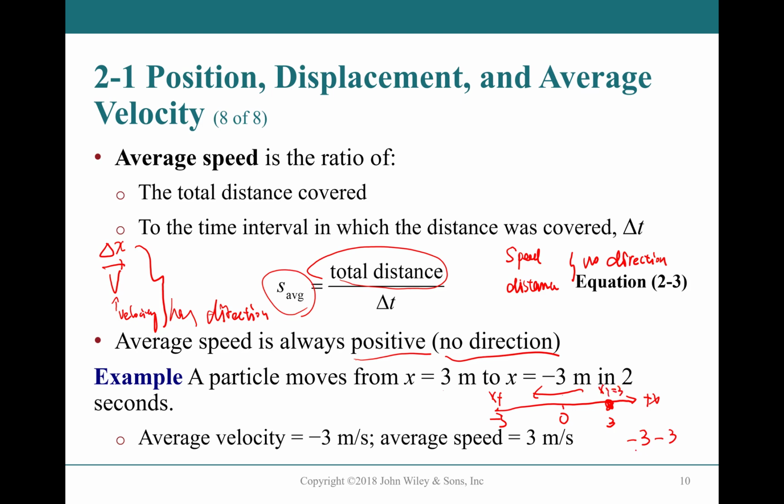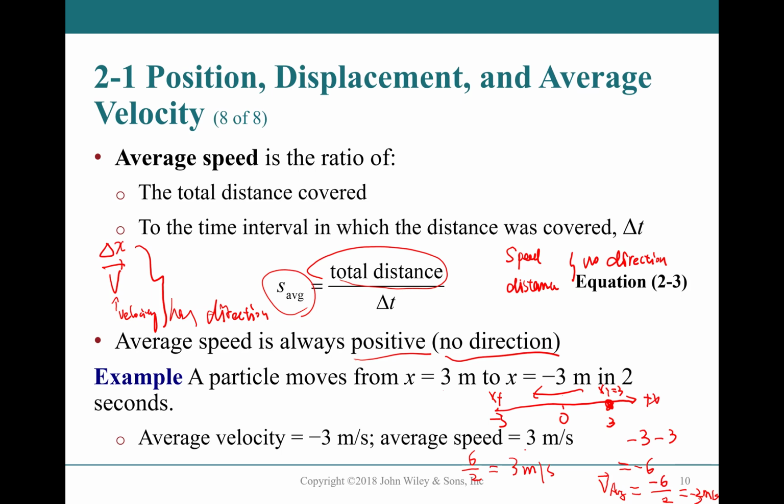So final minus initial, -3 minus 3, you are going to get -6, and your velocity will be equal to -6 divided by 2, sorry, 2 seconds. So you are going to get -3 meters per second. But your speed is the length of the path, which is positive. So you should use the positive value divided by 2. You are going to get 3 meters per second.